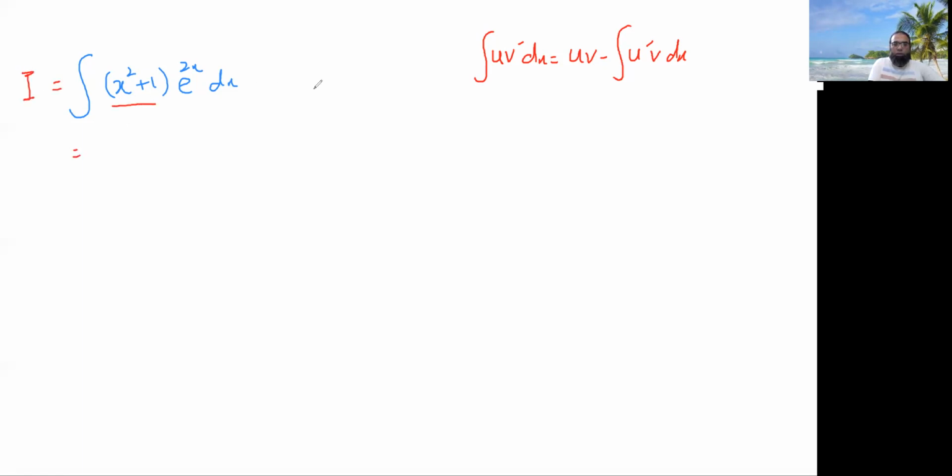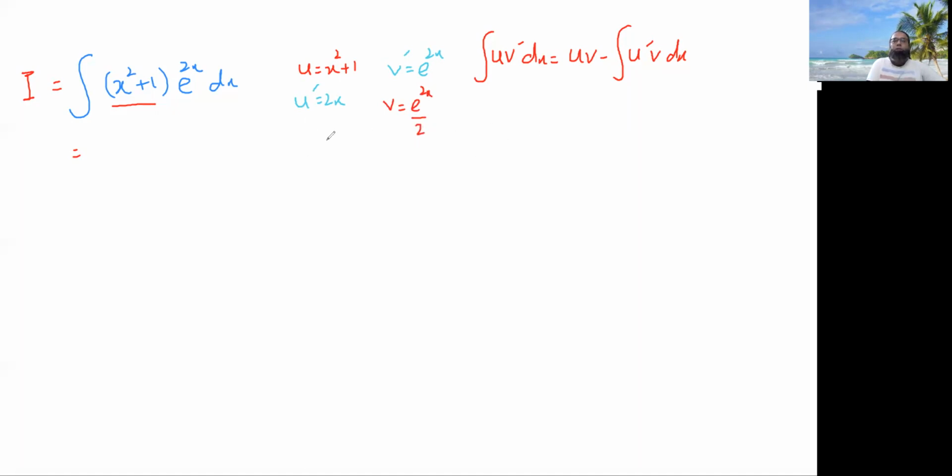Okay, like you can, on your side notes, say, okay, my u is x squared plus 1, and my v dash is e raised to power 2x. So I'll be needing u dash, so that will be 2x, and I'll be needing just the v, so v will be e raised to power 2x over 2.